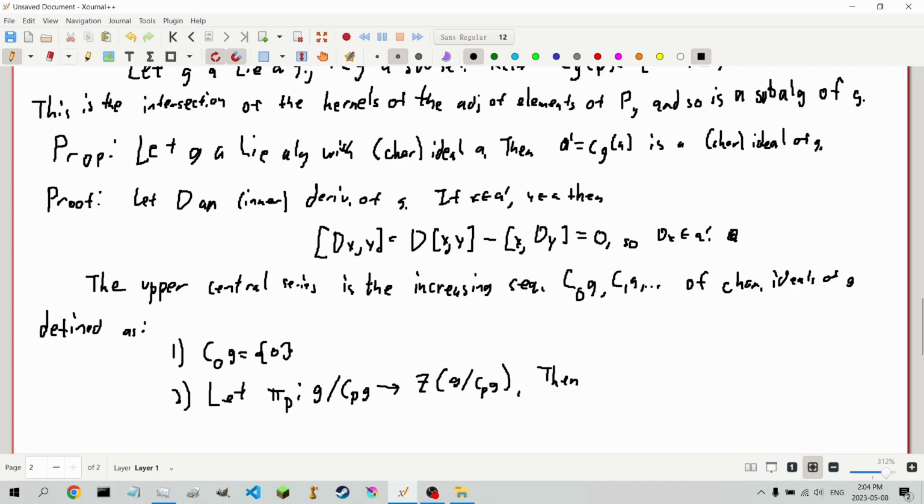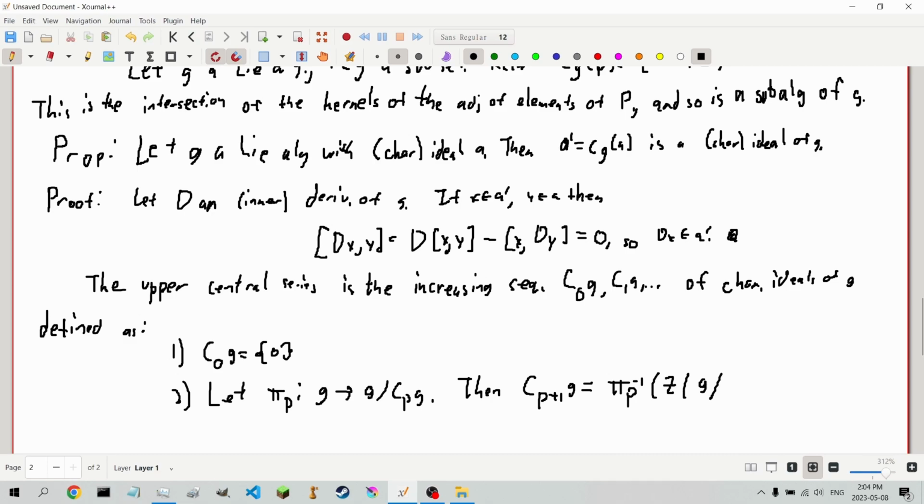No, okay, that is not right, actually. This is much easier. This is a mapping from G onto G over CP of G. Then CP plus 1 of G is the inverse image under this map of the center of G over CPG.